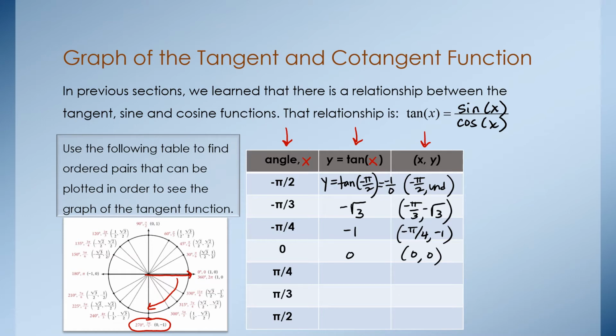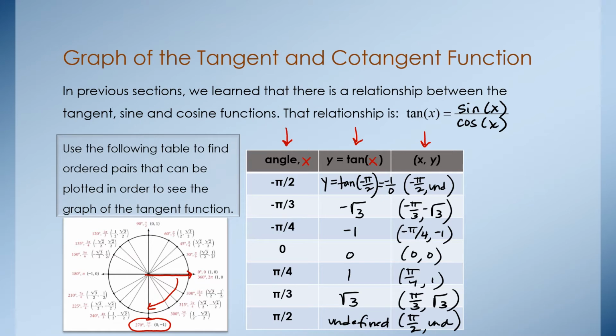At pi over 4, I'm at 1. At pi over 3, I'm at the square root of 3. And at pi over 2, I was undefined. So we see undefined not only at negative pi over 2, but also at positive pi over 2.